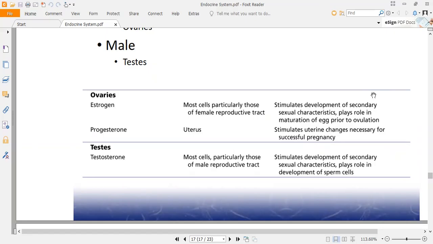It targets most cells, particularly those of the female reproductive tract, stimulates development of secondary sexual characteristics, and plays a role in maturation of the egg prior to ovulation. Then progesterone targets the uterus and stimulates uterine changes necessary for successful pregnancy. Then testosterone targets most cells, particularly those of the male reproductive tract, stimulates development of secondary sexual characteristics, and plays a role in development of the sperm cells.